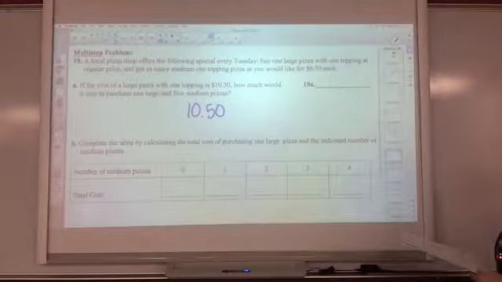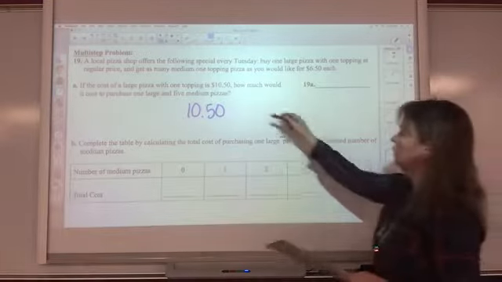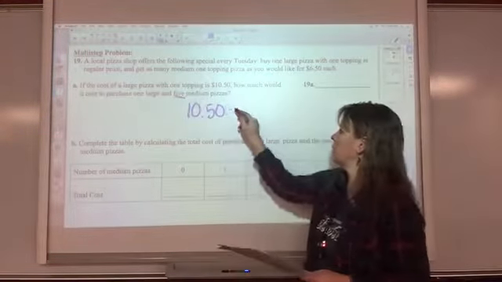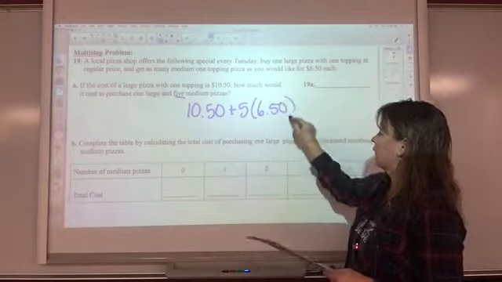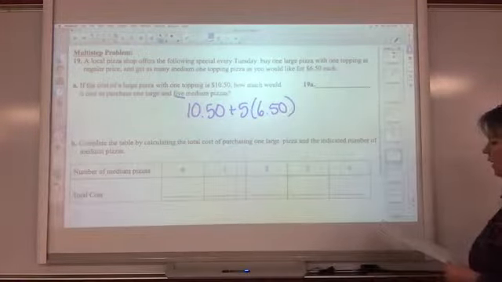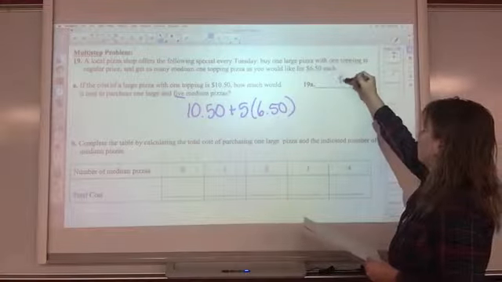Up above, you get as many medium one topping pizzas as you would like for $6.50 each. Well, how many would we like? We would like 5 of them. Calculate that out. It's going to cost you $43.